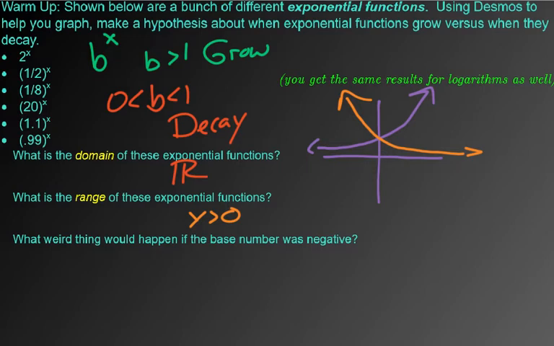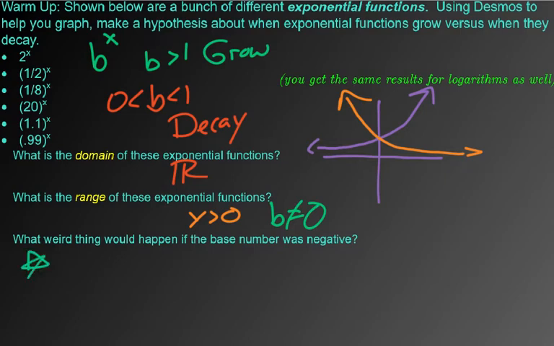But 0 to a power is just a constant function of 0. And 0 to the 0 is actually also something really weird. That's something that we call an indeterminate form. So we don't even allow the base to be 0. So you can't even get 0 because the base is never considered to be 0 in these functions.